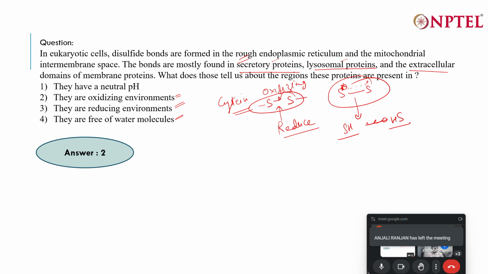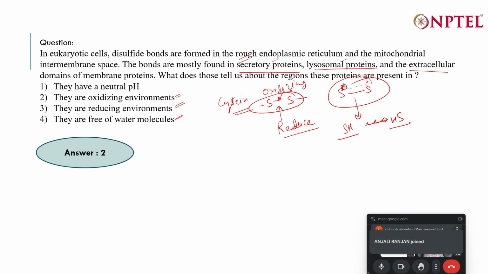Even in bacteria, the periplasmic proteins have disulfide bridges because of the oxidizing nature of the periplasmic space. So, what is the pH in mitochondria? It is less than the cytosolic pH.